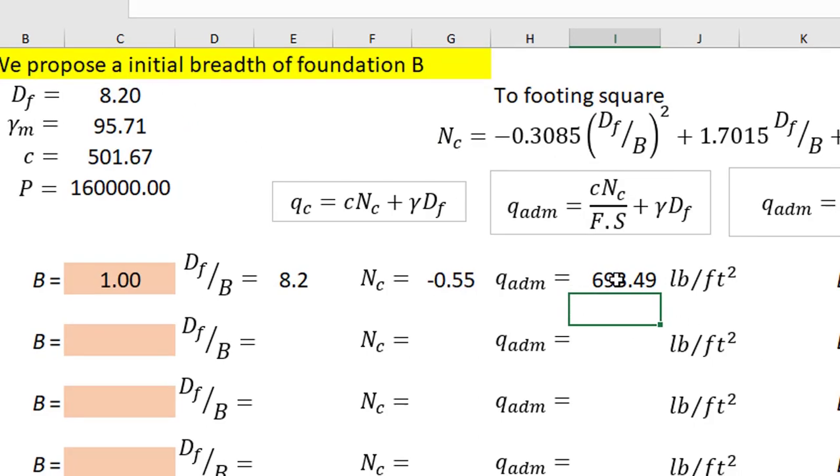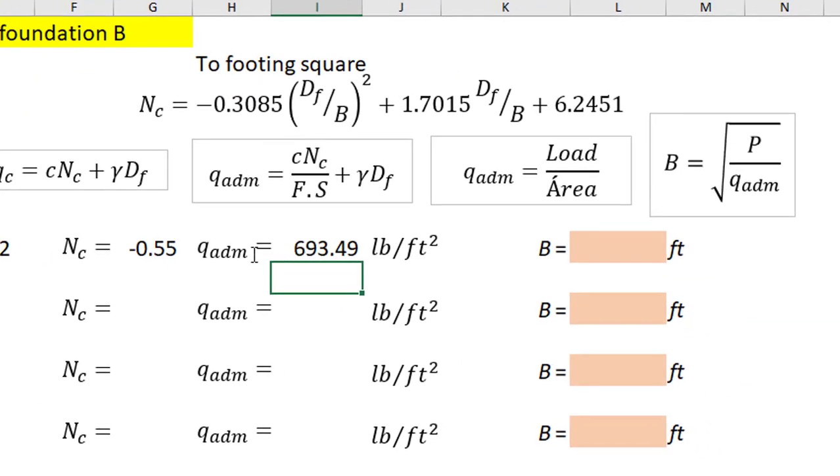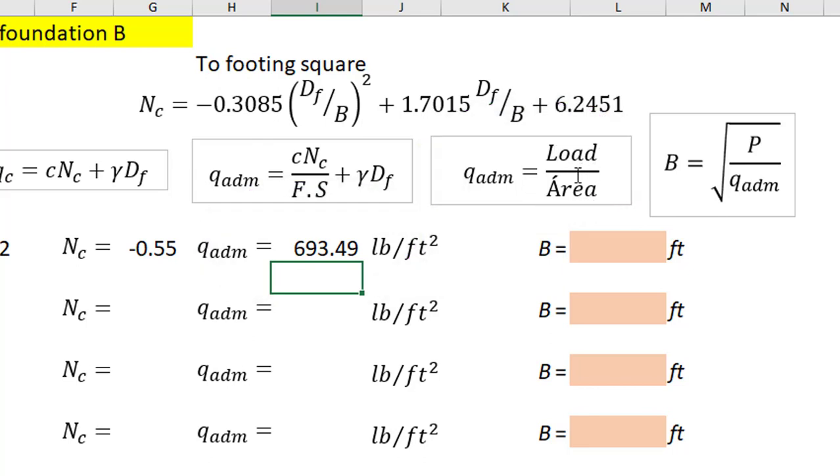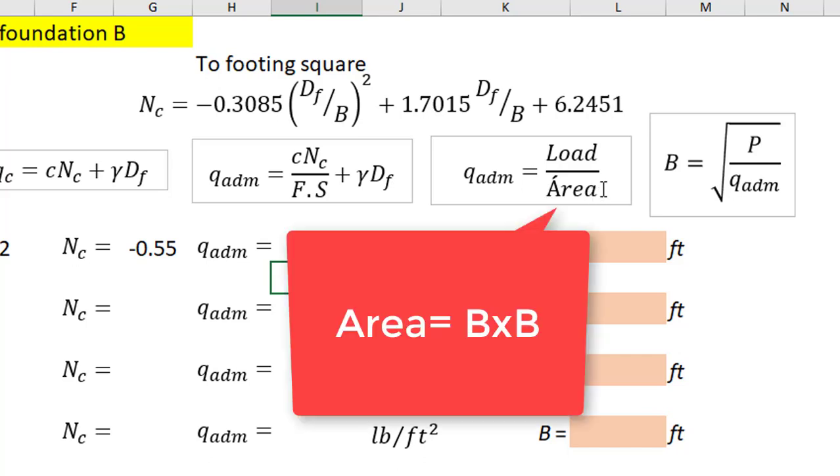Very good. But this bearing capacity of soil is equal to a load between area. In this equation, the area is the area of the footing, but it's a square footing.